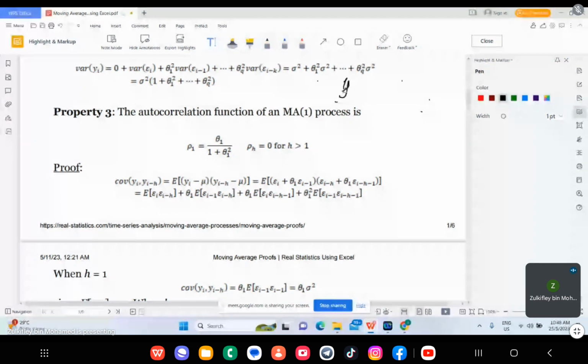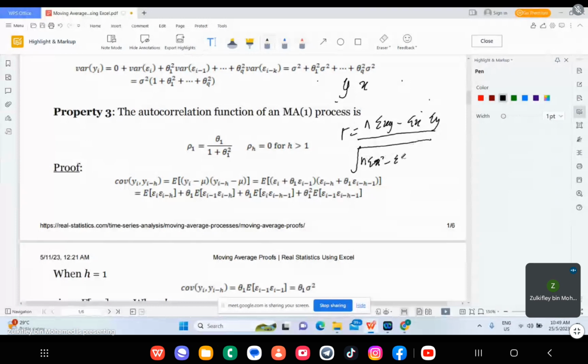So you still remember R is equal to N sigma XY minus sigma X sigma Y over square root of N sigma X square minus sigma X square multiplied by N sigma Y square minus sigma Y square.